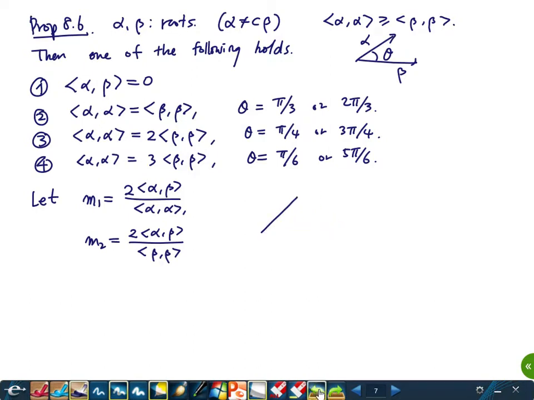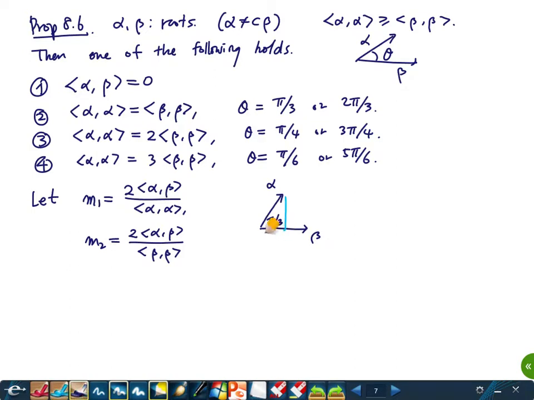Let's draw a little more carefully. So this is alpha and beta. The angle between them is, let's consider only the acute angles, because the other case is similar. Here is pi over 3, like 60 degrees. Project this onto here, and what is the factor here?